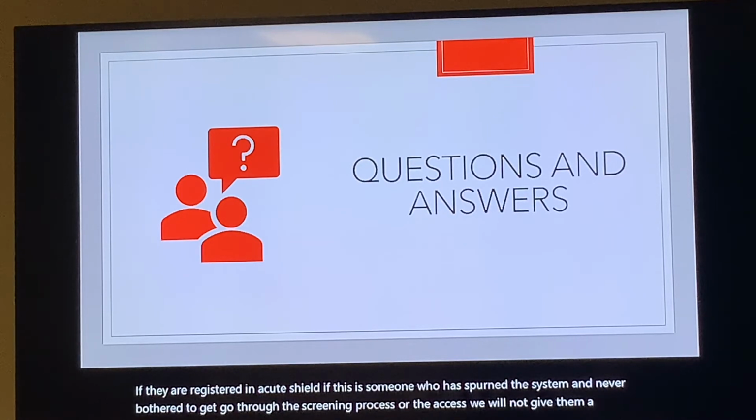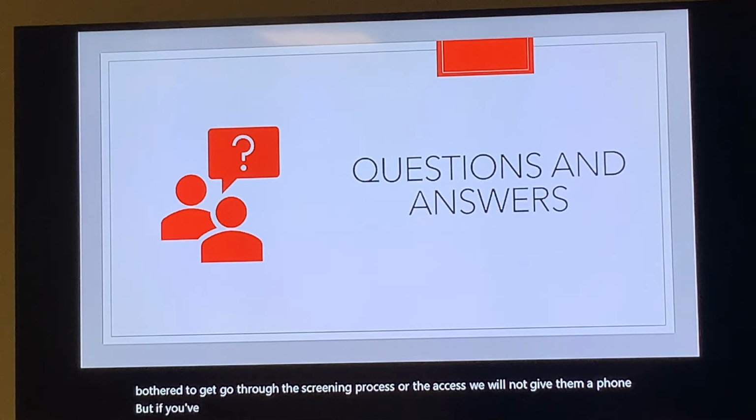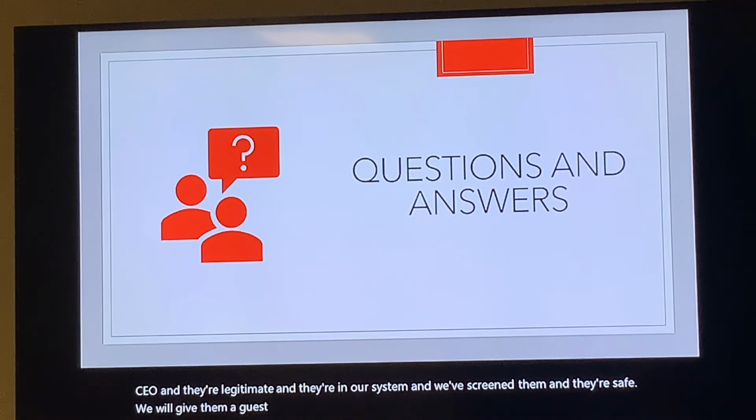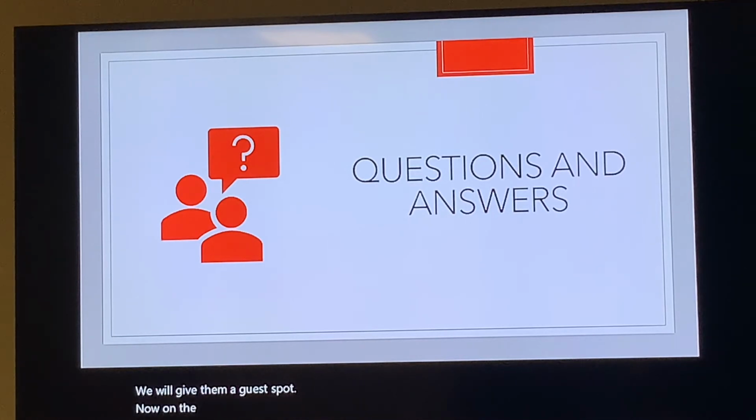But if you've engaged with a legitimate company to provide a CNA that does not work at Regency Oaks, and they're legitimate and they're in our system, and we've screened them and they're safe, we will give them a guest fob.